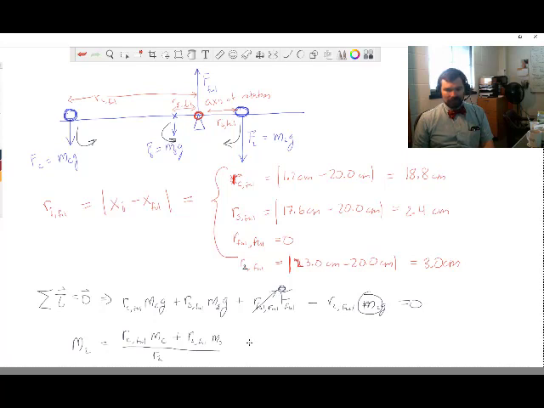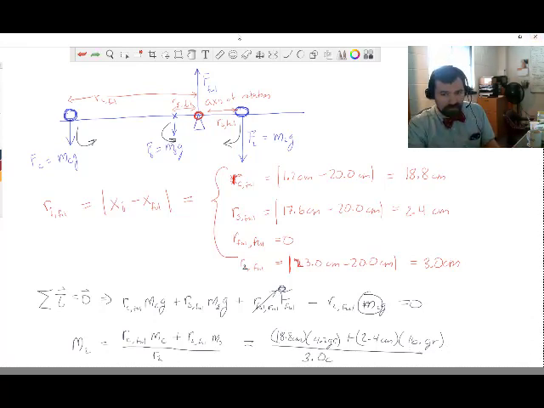Okay, so plugging numbers in, you end up with 18.8 centimeters times 4.2 grams. I'm going to abbreviate that as GR. And then 2.4 centimeters times 16 grams. And then that is being divided by R2, which is 3.0 centimeters.